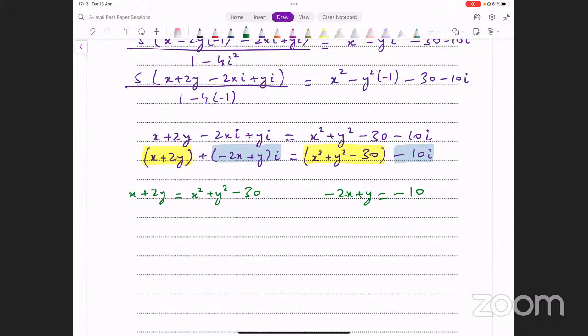What we can do is, since we have both x and y squared here in the first equation, we can make one of the two variables the subject from the second equation. Second equation say you can, for example, make y the subject. अगर आप y subject बनाएंगे तो आपके पास क्या आएगा? 2x minus 10 यहाँ से. इसको जाके input कर दें दूसरे equation में and see what you get from that.